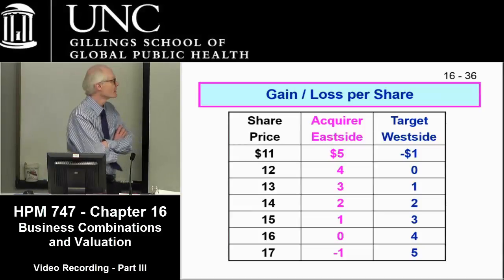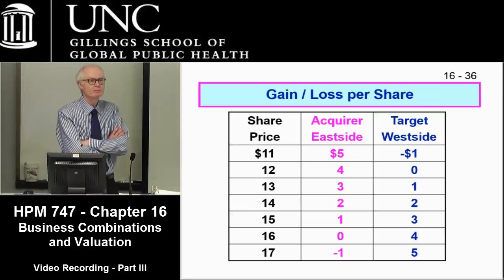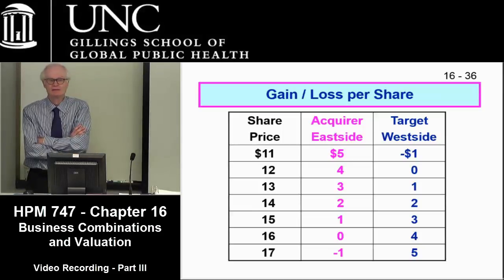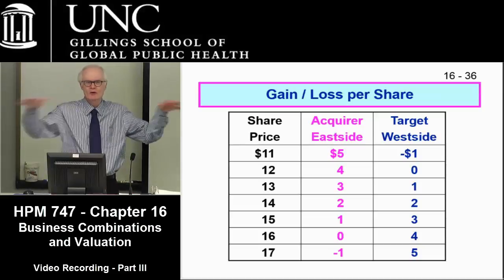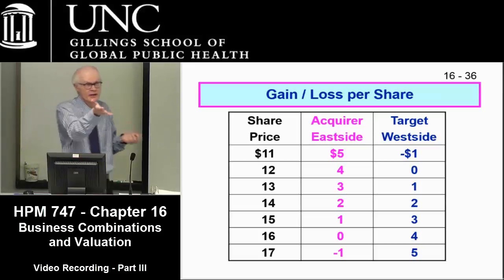The acquirer gains all of the merger premium, $4. The target, Westside, gets nothing. Essentially it's getting what the market value of the clinic says it's worth, $12.